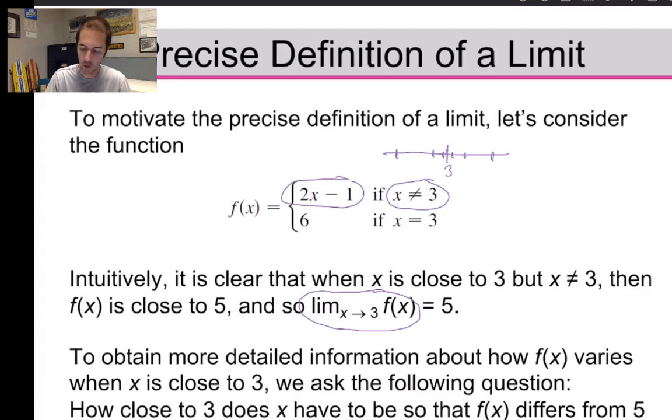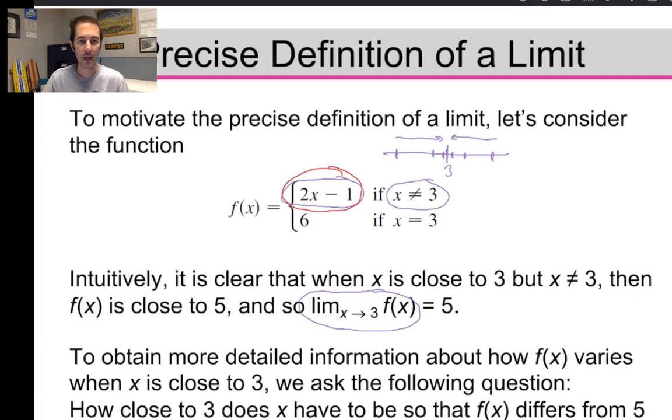maybe 3.001, 3.01, 3.1. And as I take x values like that that are getting closer and closer to 3 from the left, as I take x values that are getting closer and closer to 3 from the right, and I plug them into, well, I'm really plugging them into here, I would find, if I made a table of values, that my y values trend toward 5.